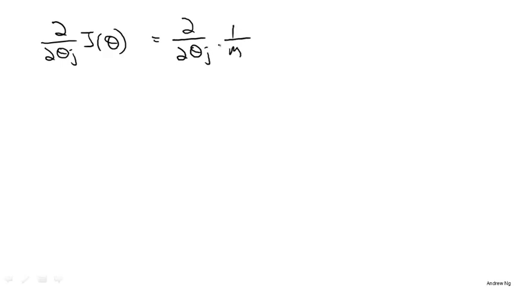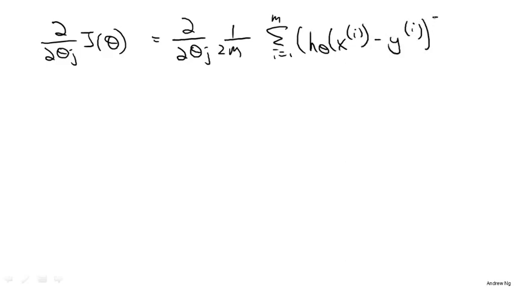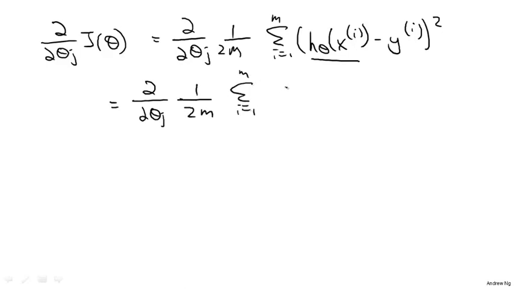I'm just plugging in the definition of my cost function J of theta. And again, to simplify, if I plug in the definition of h of x, that's just equal to theta transpose xi minus yi, like so.